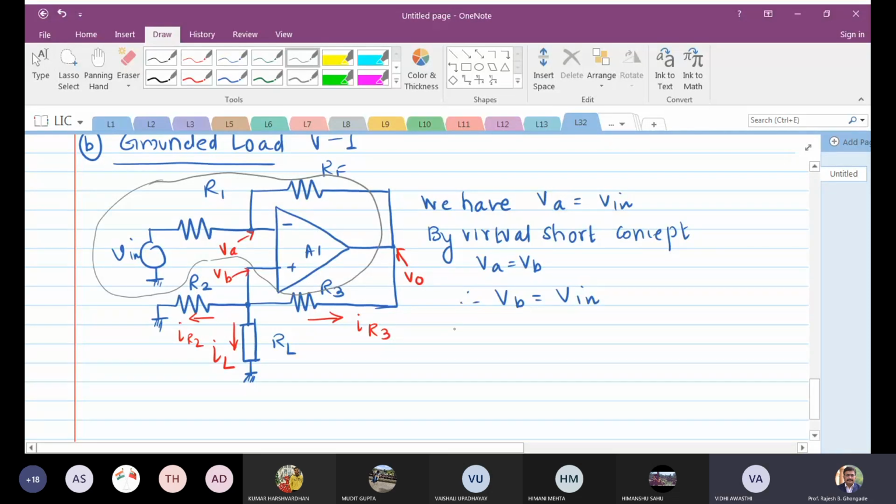So I can write VO as what? What is the equation for inverting amplifier gain? Minus RF by R1 into Vin, because it is an inverting amplifier.